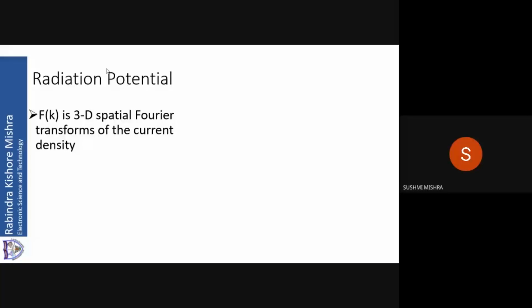So this depends on omega or k and the directional unit vector r cap, because we have in the exponent the form e to the power jk dot r. So it depends on these two things. k is equal to omega root over mu 0 epsilon 0, or omega upon c.